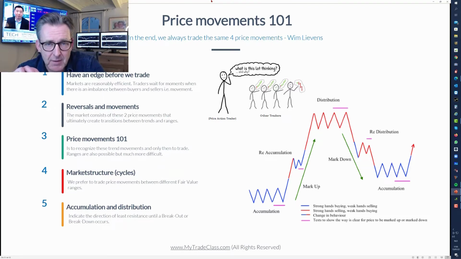Not entering the market, not putting your money on the line is also trading. A deliberate choice of not entering the market is trading. Staying cash is a position, okay?